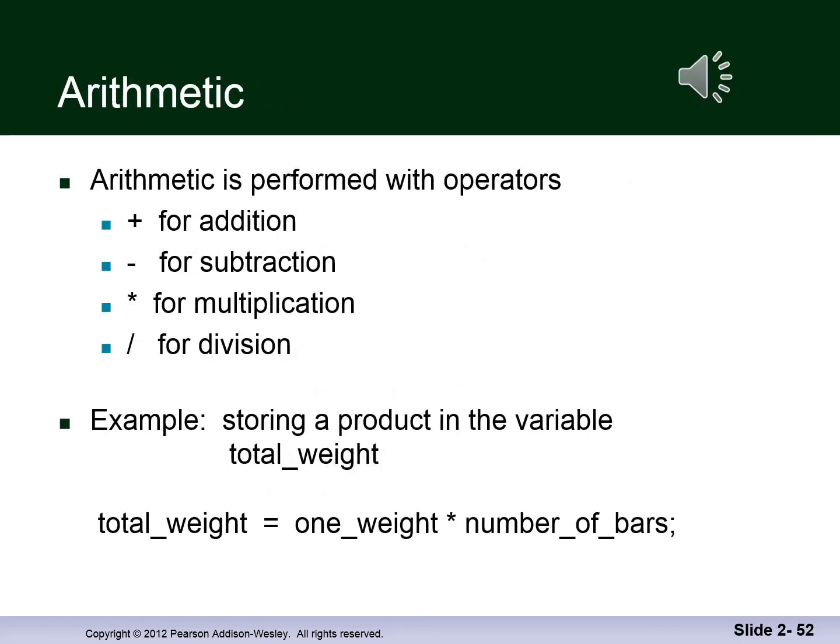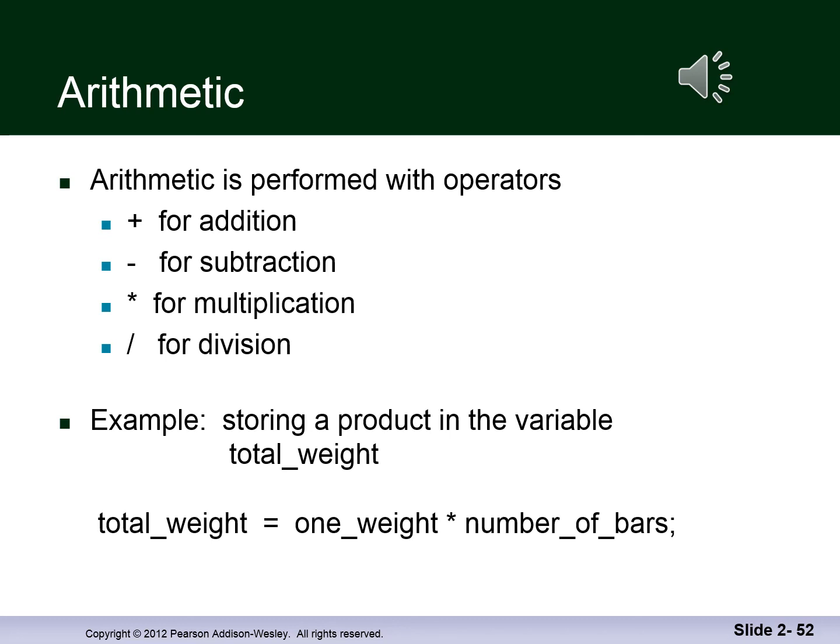Arithmetic is performed with operators. These are common operators. They're used in Excel and most other computer programs. Plus for addition, minus for subtraction, the asterisk for multiplication, and the / for division. So an example of storing a product in the variable total weight using an arithmetic expression.